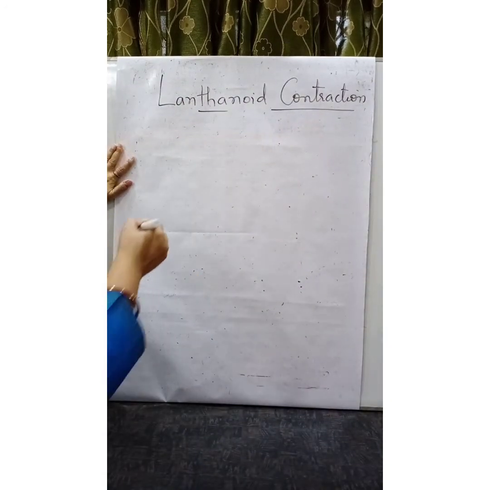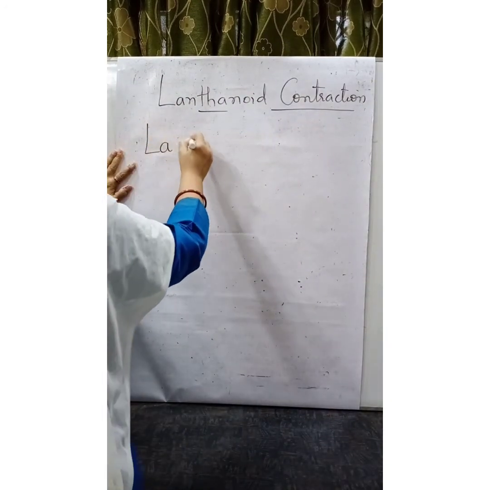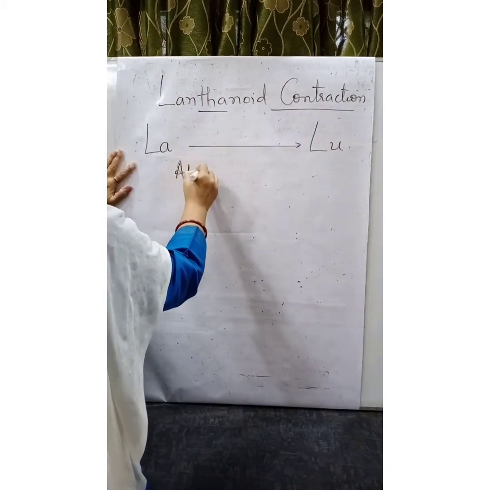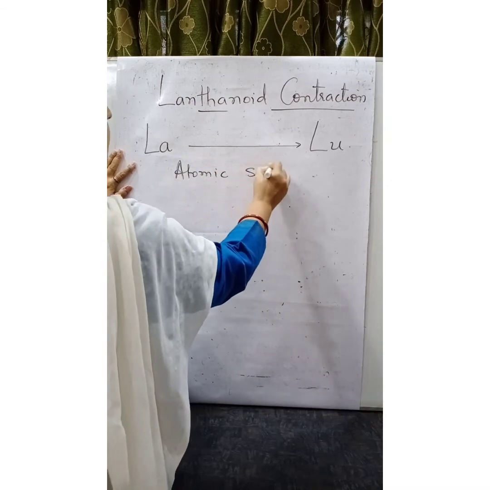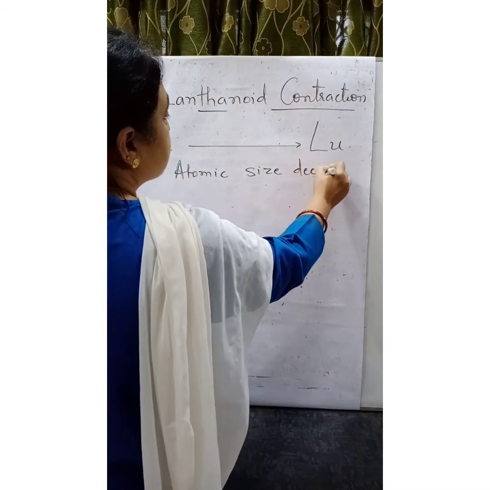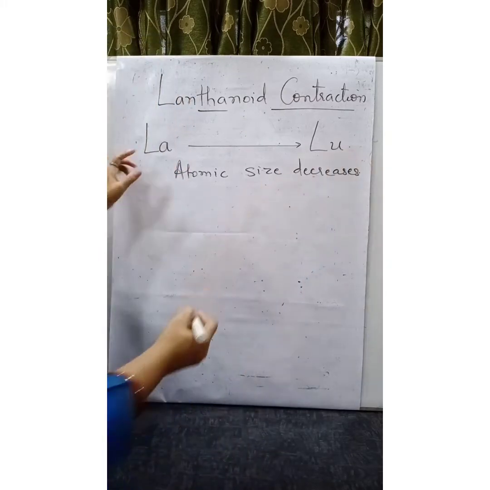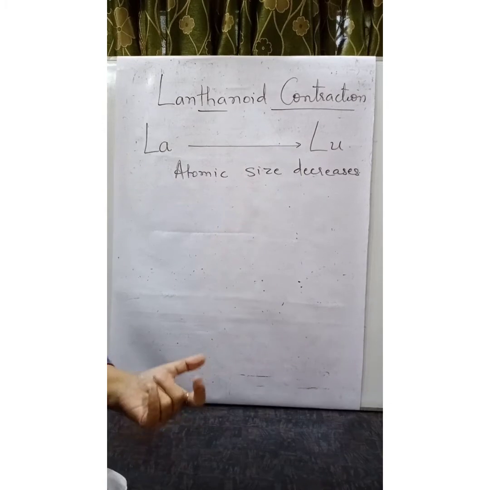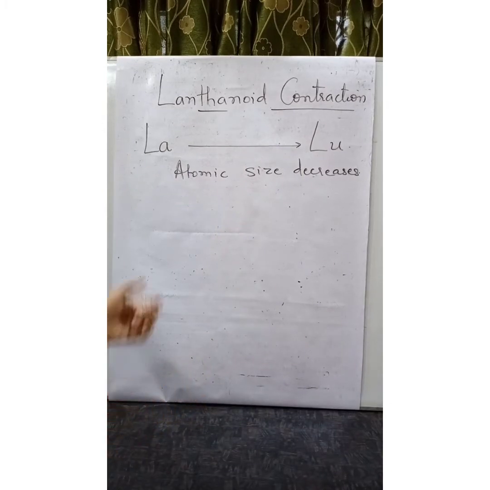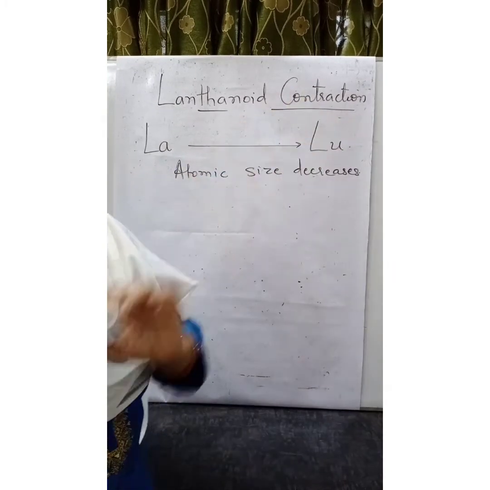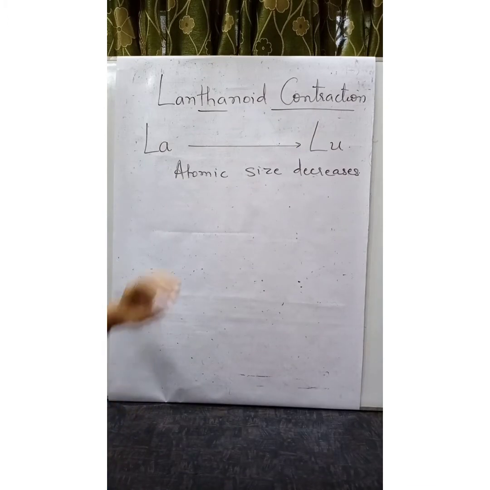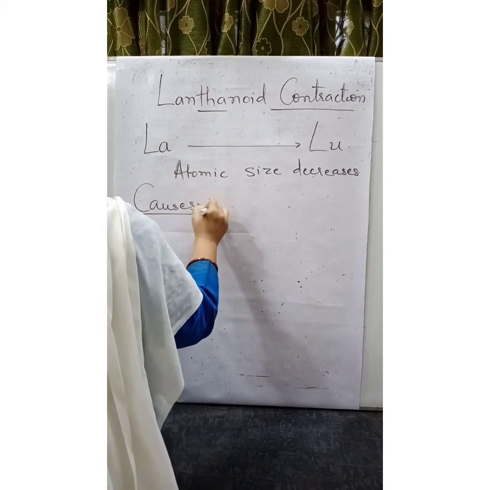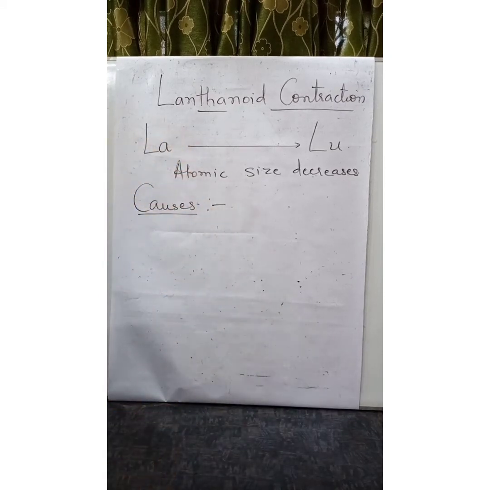So when we move from lanthanum to lutetium, atomic size decreases. This decrease in size across the lanthanoid series is known as lanthanoid contraction.